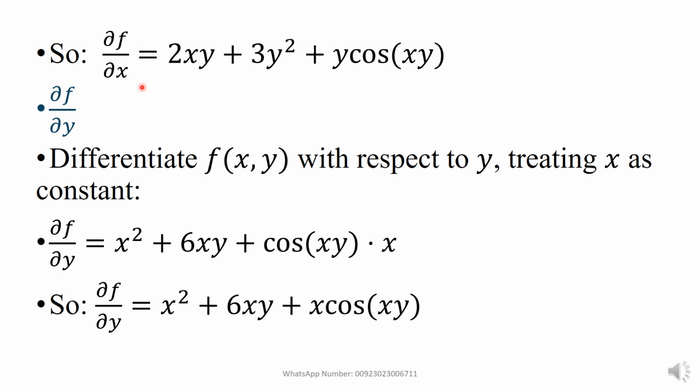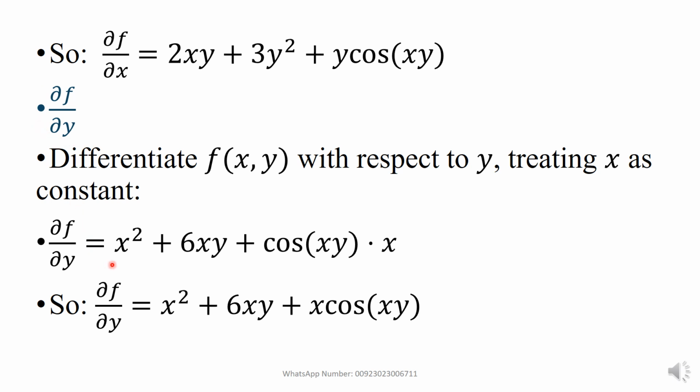Partial f upon partial x equals 2xy plus 3y squared plus y cos xy. Now partial f upon partial y: differentiate f of x comma y with respect to y, treating x as a constant, because we want the derivative with respect to y.